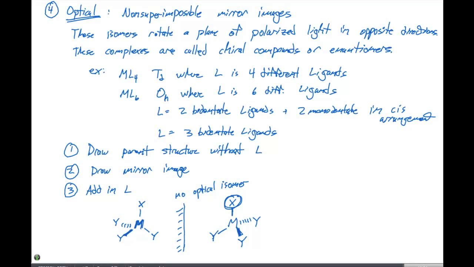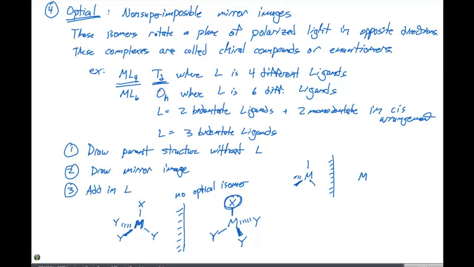Okay? But on the other hand, I said one of the examples here would be an ML4 tetrahedron where L is 4 different ligands. So let's just say I have my transition metal center, and I draw the tetrahedron just like this. I set up my mirror plane.